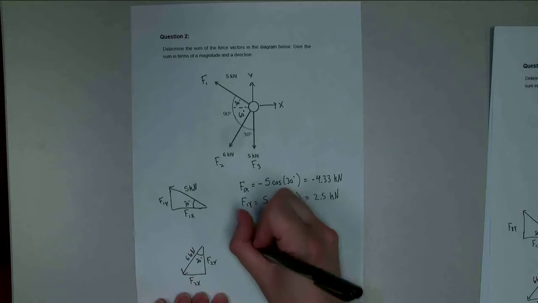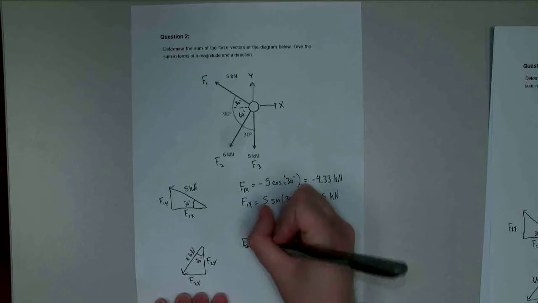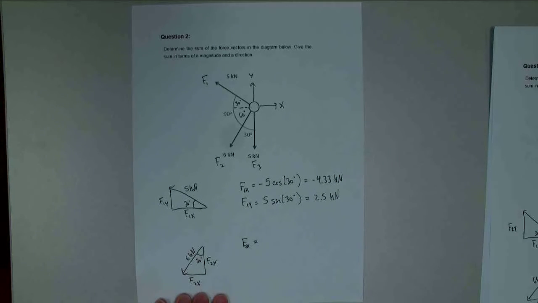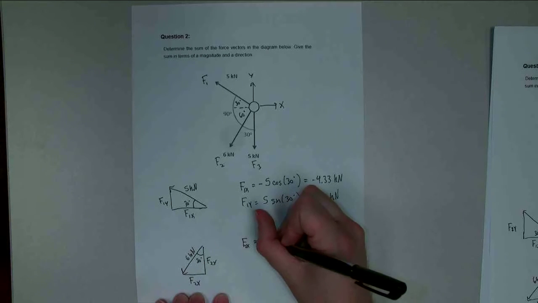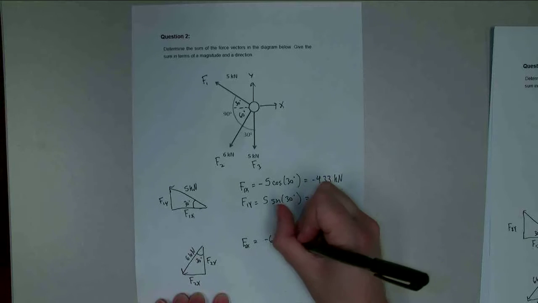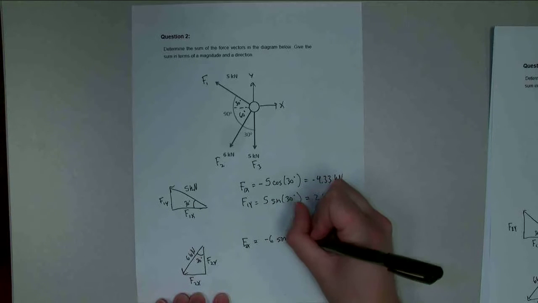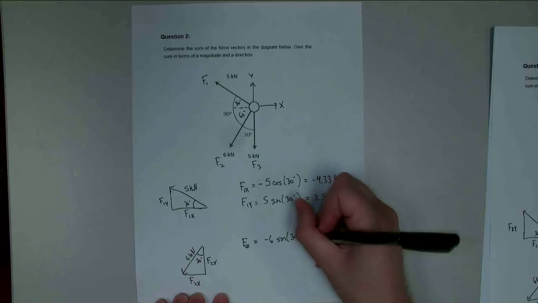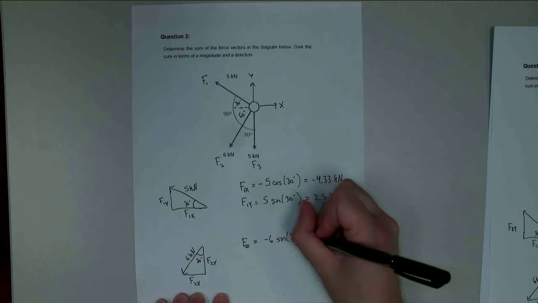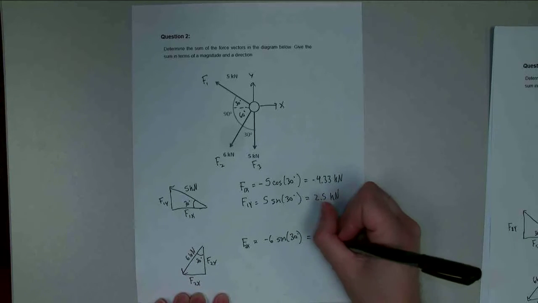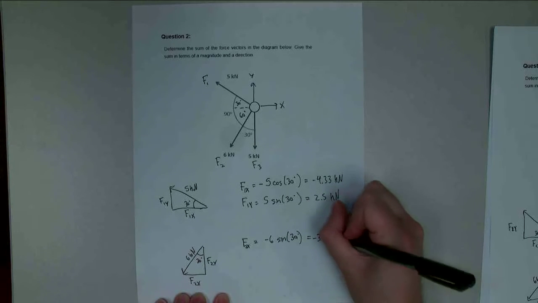Alright, so F2x is in the negative x direction, and it is going to be the opposite side. So it is negative 6 times the sine of 30 degrees. So that is negative 3 kilonewtons.